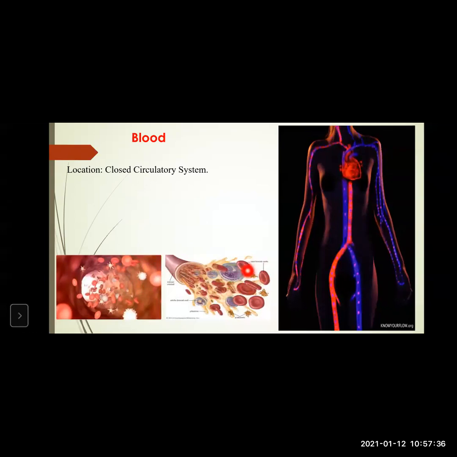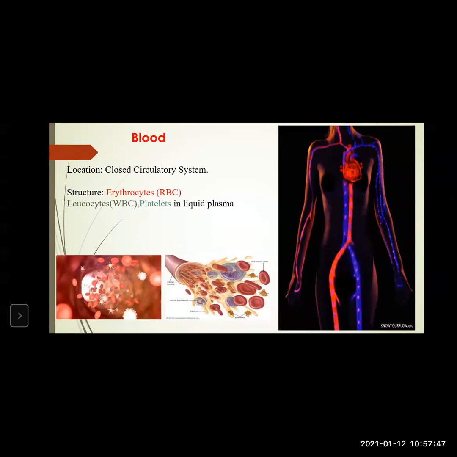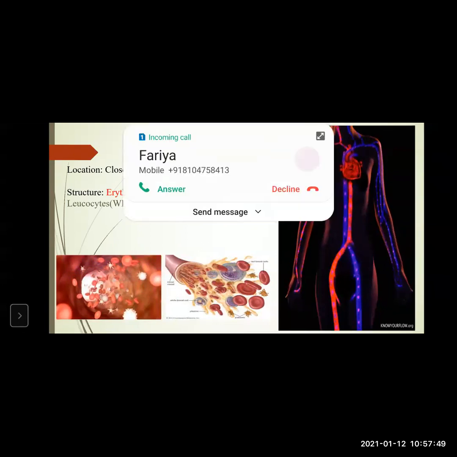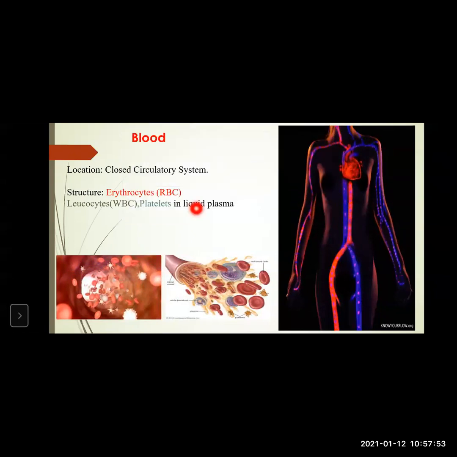And then platelets. So these are the different cells which compose blood. Okay, remember: RBC, WBC, platelets, and a liquid plasma.